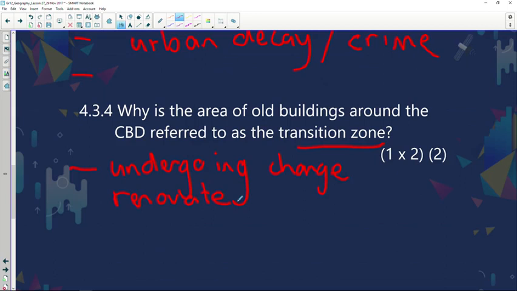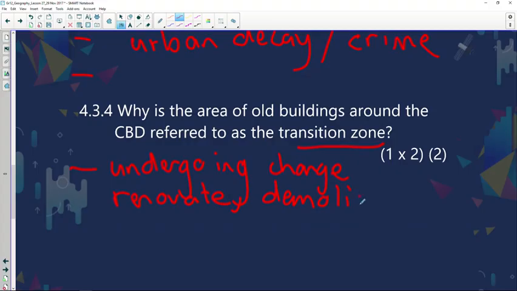Because of the urban expansion taking place, either they invest money in the building, make it nice again, or they demolish it. Because the actual land is worth more than the actual structure, infrastructure. And it's for future expansion of the CBD. Okay, so it can be any one of those.